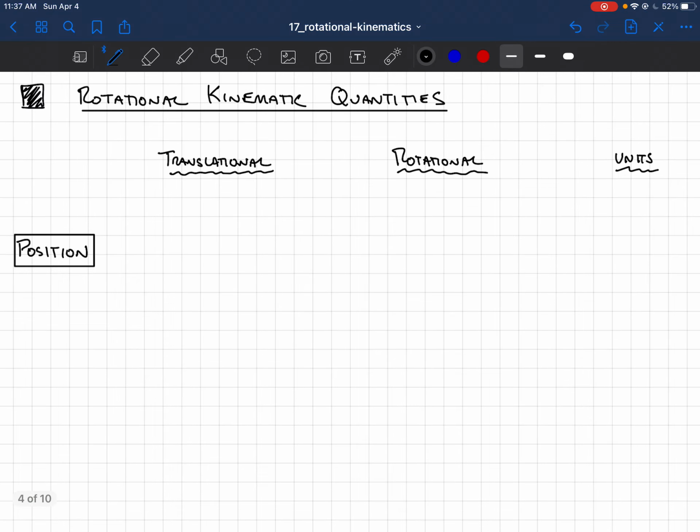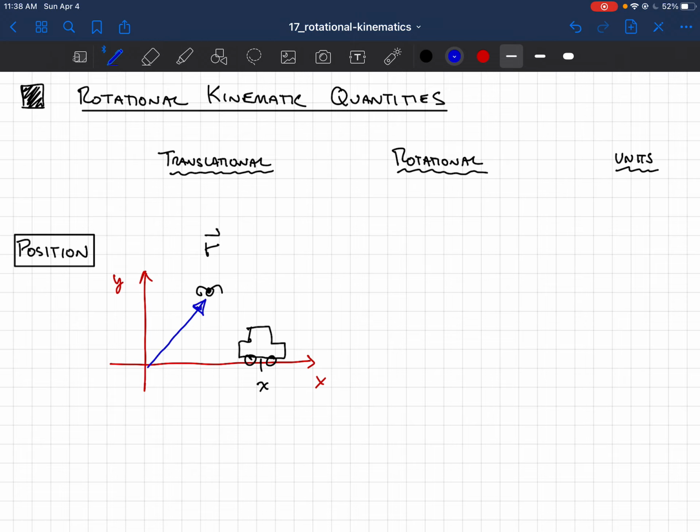So what are they? Well, in translational motion, we have the position of an object we called the r vector, and that was, if you remember, if we draw an x, y axis, it could be, for example, the x position of a car as it's driving along the axis, so maybe it's just the x position, but it could also be, for example, the two-dimensional position, meaning the r vector of a bird in space.